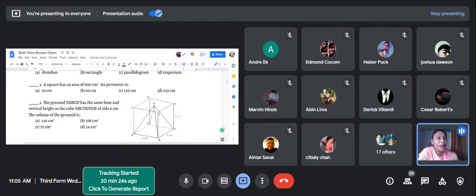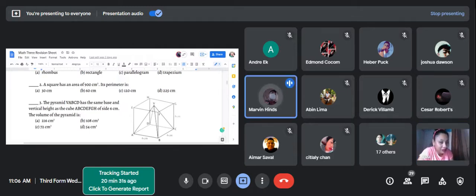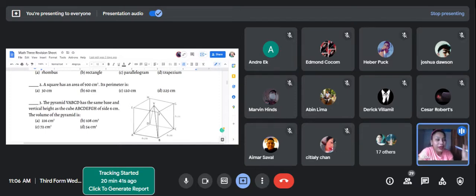If I tell you find the perimeter of a square, what information do I need to give you? Let's first divide the 900 into four, because it is a square. Okay. You are kind of on the right track.